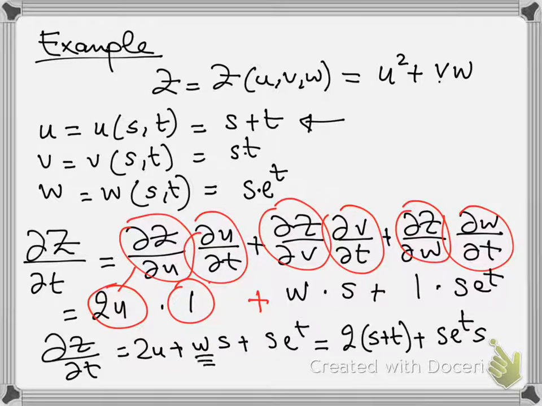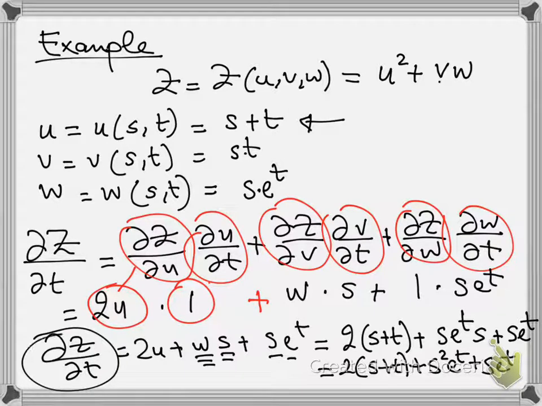So s e to the t times s plus s e to the t, so plus s e to the t. Okay, and that will be 2 times s plus t plus s squared e to the t plus s e to the t. So that's partial z, partial t. Okay, so that's the derivative of z with respect to t.